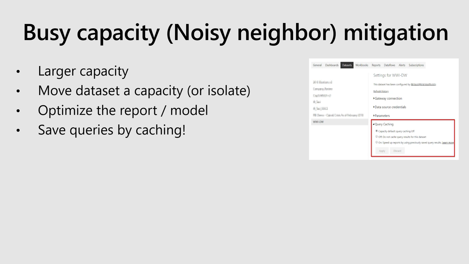Is there a downside to turning on caching? If you have row-level security, you may not want it. Other than that, I can't think of anything. Well, the reason you wouldn't want it for row-level security sometimes is it generates too many queries. You might actually put more load on it.